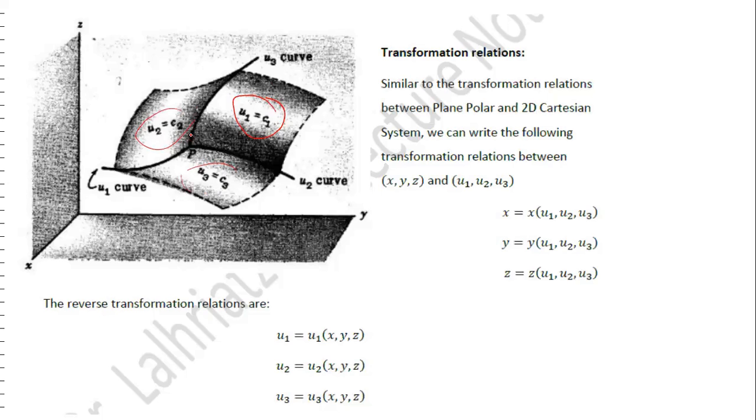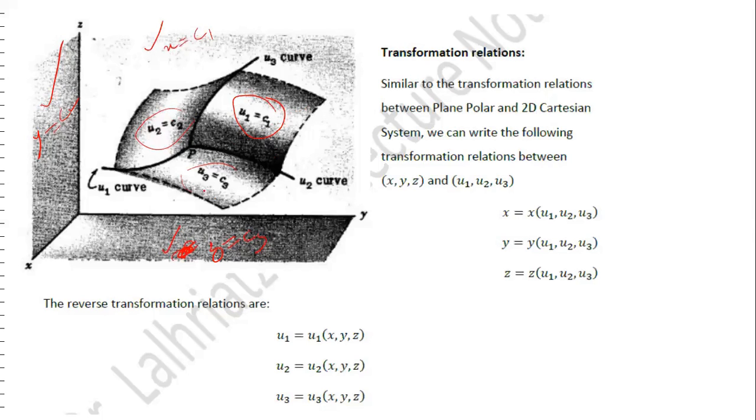Unlike the 3D Cartesian system, in which the y equal to c2 surface, the x equal to c1 surface, and the z equal to c3 surface are perfectly planar, in general the curvilinear coordinate system can have curved surfaces.